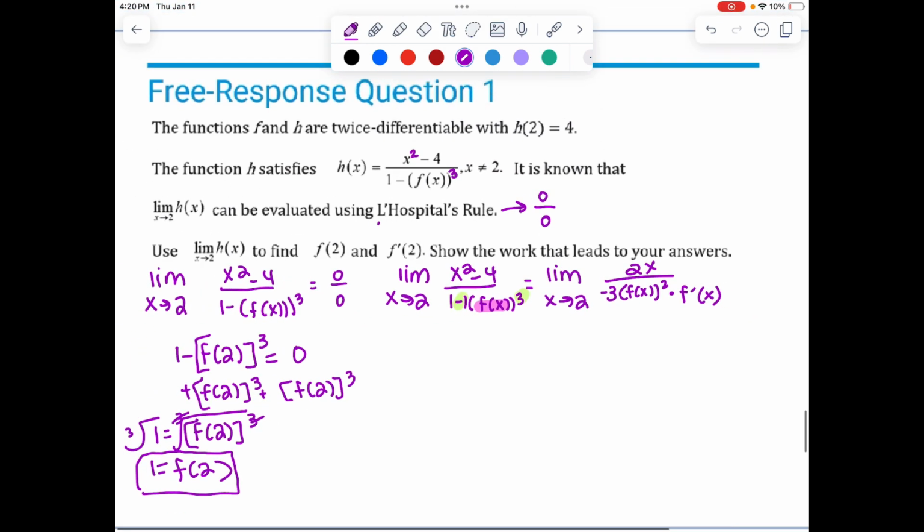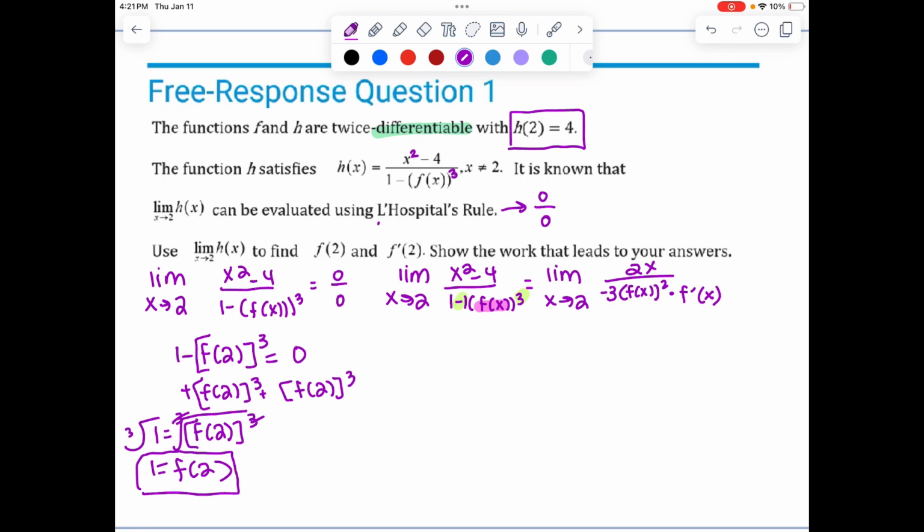And up here, it's getting so confusing, but there's a couple other things it tells us. It tells us that h of 2 equals 4, okay? And you're going to be like, what are you talking about? And you know what, just stick with me here. But it says h of 2 equals 4, okay? Now, it also says that this function is differentiable.